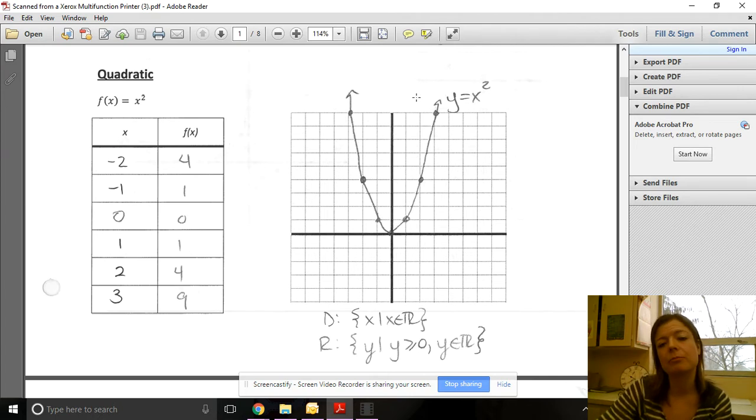The arrows on the end are important because they show the domain and the range. The domain is any real number. You can put anything into x squared and it will work. Also, if you look left to right, any x value would have a corresponding y value. That works. And the range is any y value greater than or equal to 0.